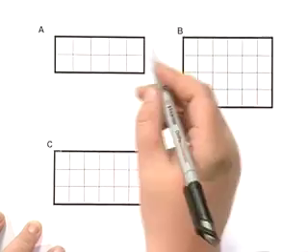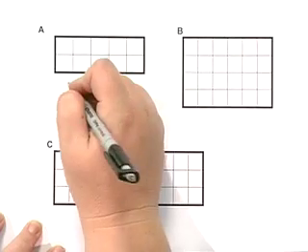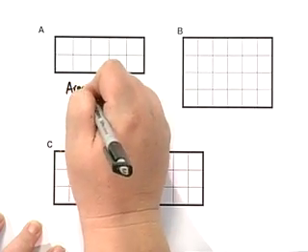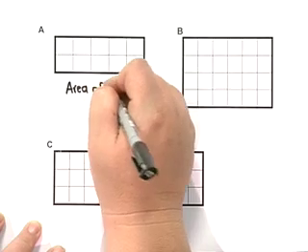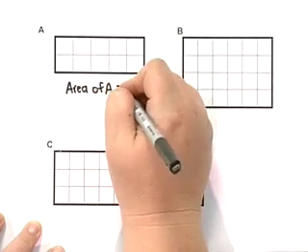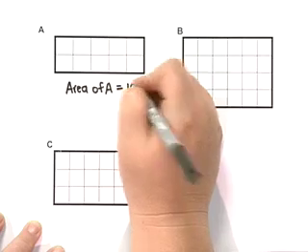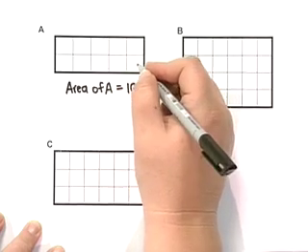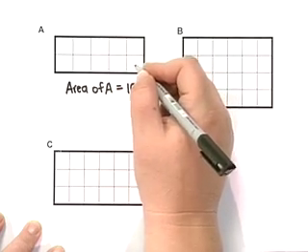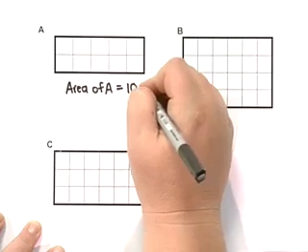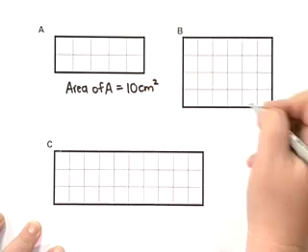Oh, that's easy. The area of A is equal to 10. Now 10 what? This is a 1 centimeter square tile. So we have 10 square centimeters.